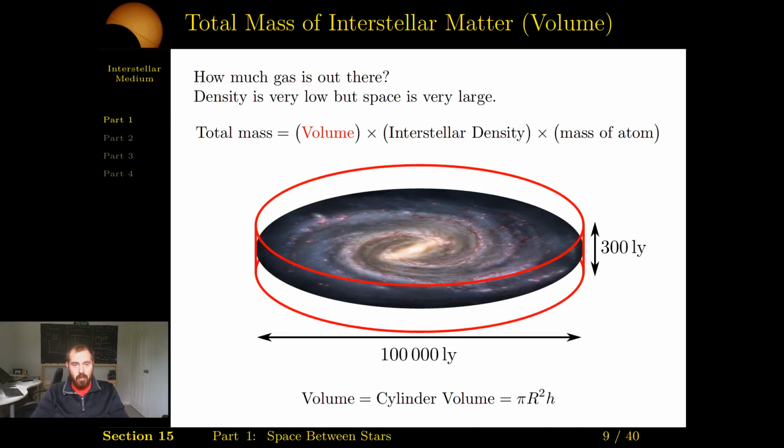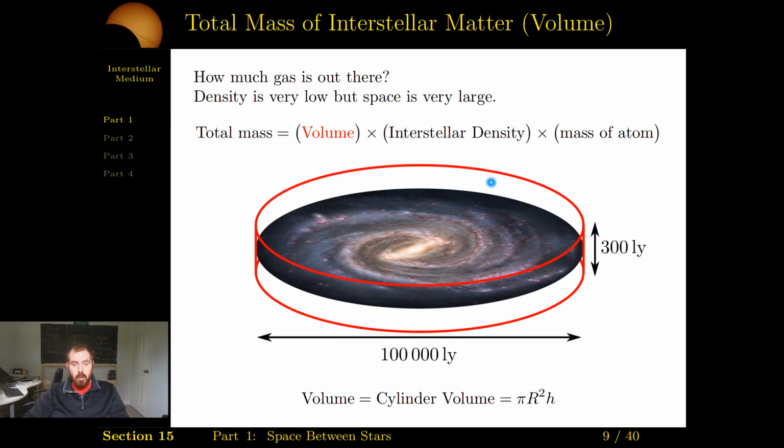So here is our picture. Remember, this is an approximation, still good if we expect to be within an order of magnitude of the correct value. In our trick, we're going to take the Milky Way galaxy and treat it like a perfect cylinder. We're going to say it's a cylinder that is 100,000 light years across with a thickness of about 300 light years.